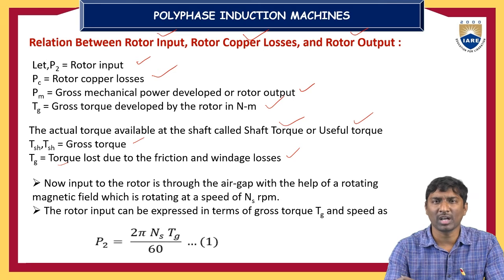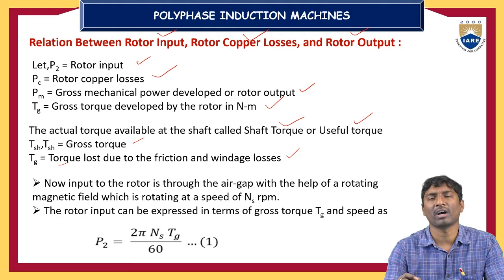The induction machine's principle is the same as the transformer, that is mutual induction. But the transformer is a static device, whereas the induction machine is a rotating device, because the secondary winding of the induction machine, the rotor, is rotating, but in the transformer it is stationary.